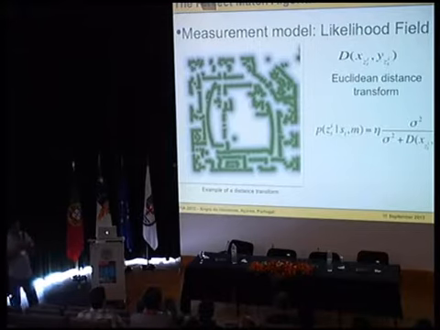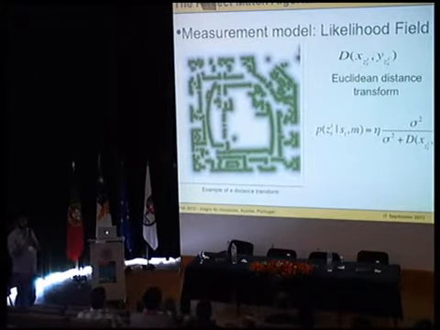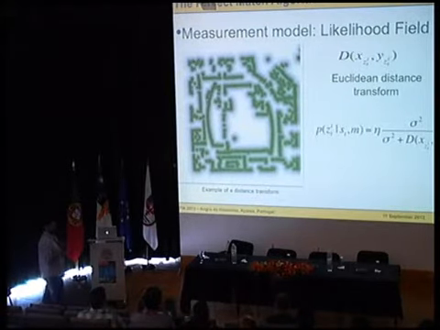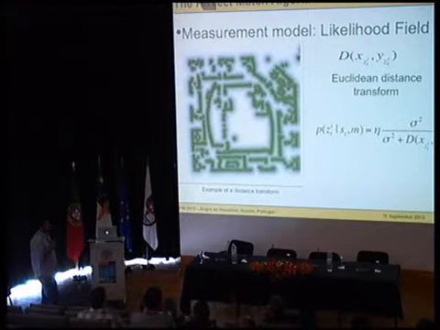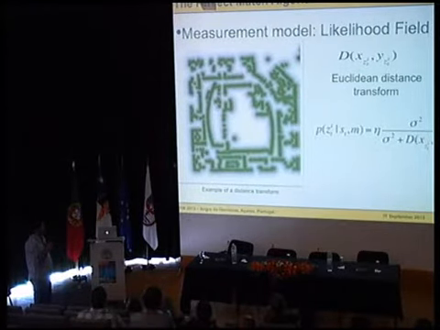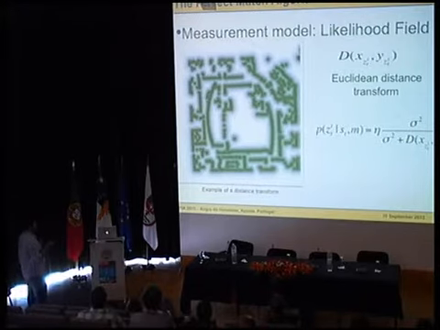To speed up this search, we use a lookup table that is built using a Euclidean distance transform. As you can see here, instead of searching every time you have to apply the measurement model, we can do a lookup, and it's very fast. This is one of the reasons why the algorithm is very fast.